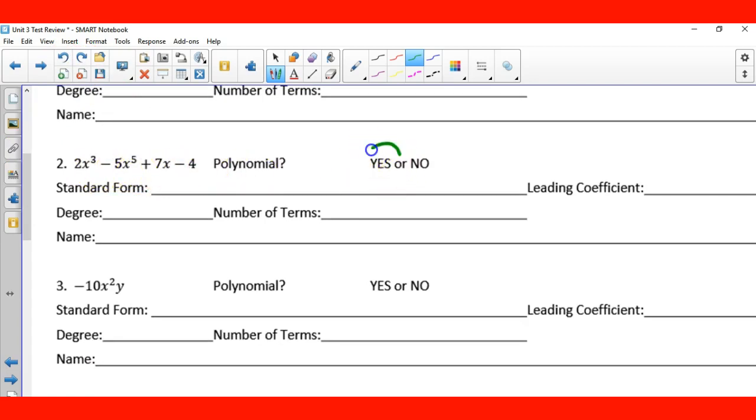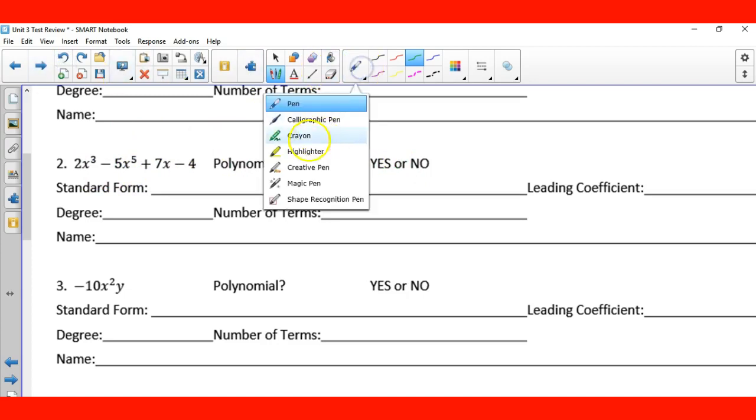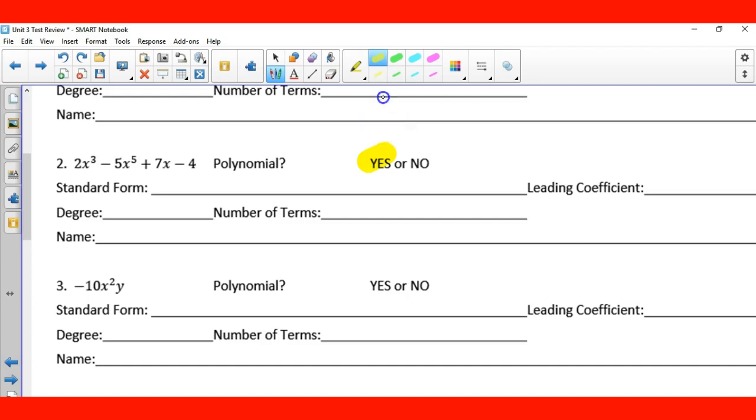Now, number 2, ask yourself, is this a polynomial? And yes, it is. It fits all the characteristics of a polynomial, so I'm going to write it in standard form, in descending order. So we have negative 5x to the 5th plus 2x cubed.